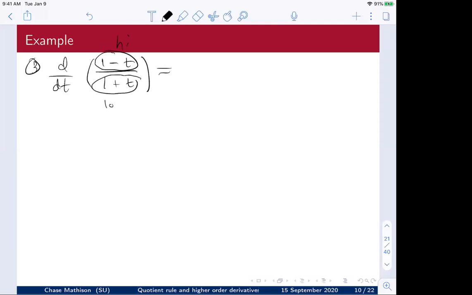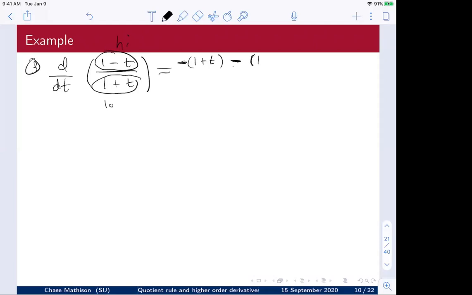Low d high gives me low is 1 plus t. What's d high? Negative 1, perfect. 1 minus t, you take that derivative with respect to t, you get a negative 1. That was wonderful.